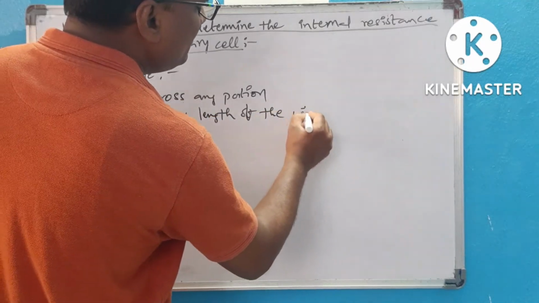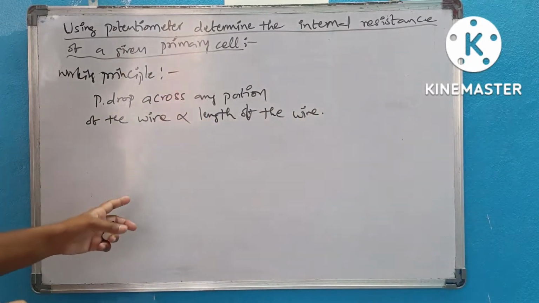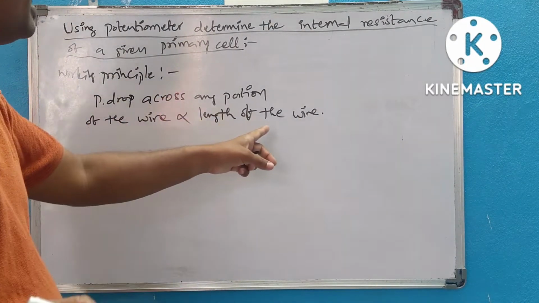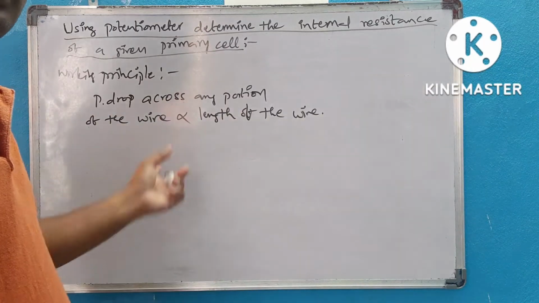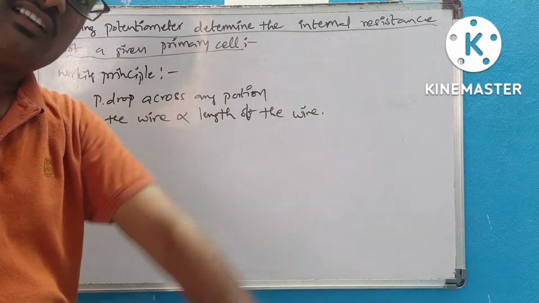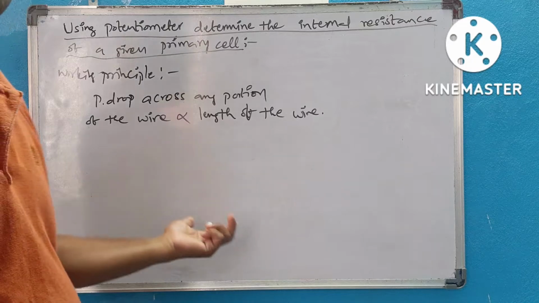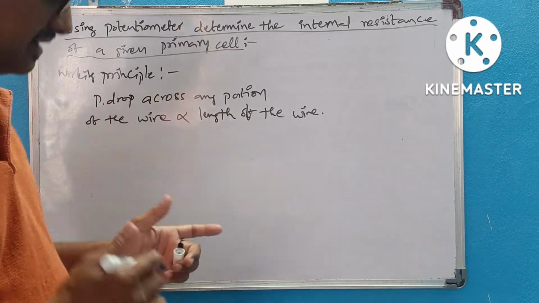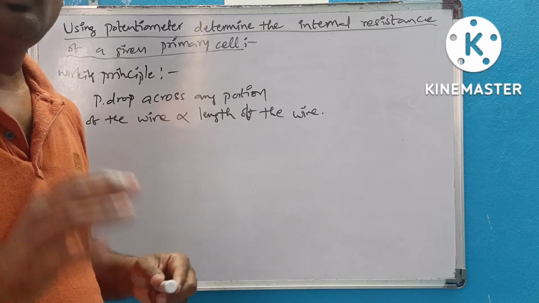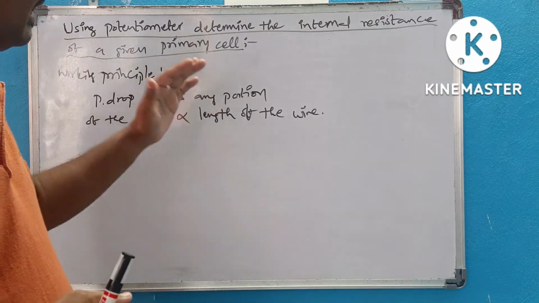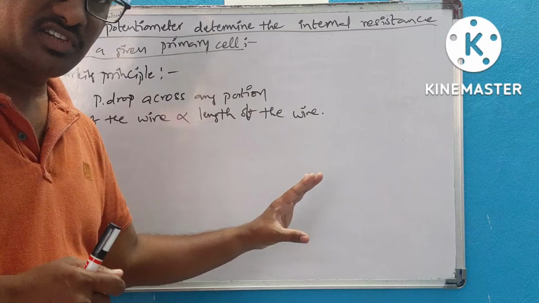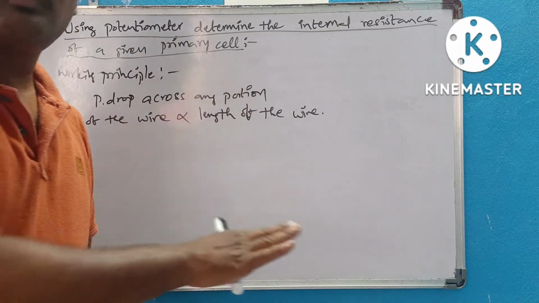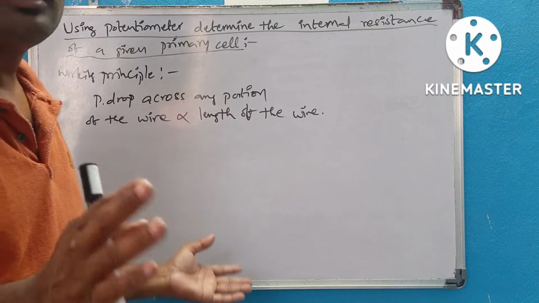If the length increases, the potential drop also increases. If the length decreases, the potential drop also decreases. So this is the working principle of the potentiometer. We discussed the potentiometer working principle and uses in the previous class, so you can check it once.